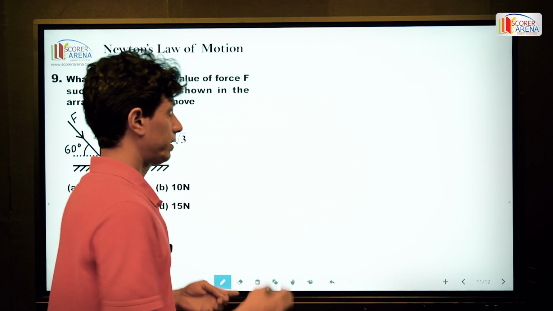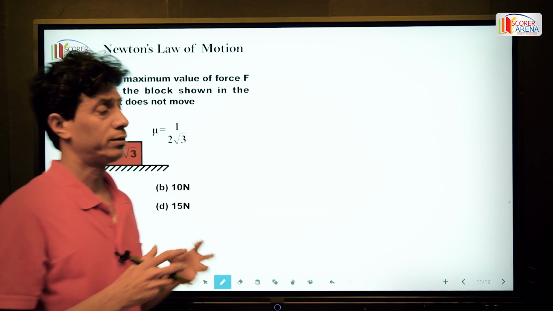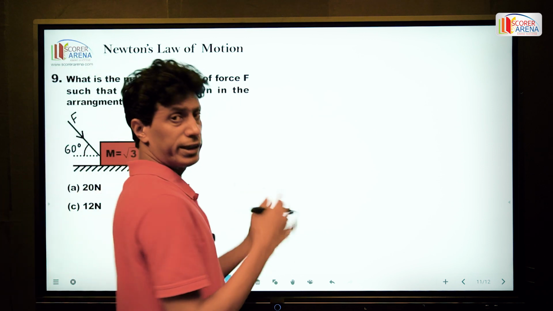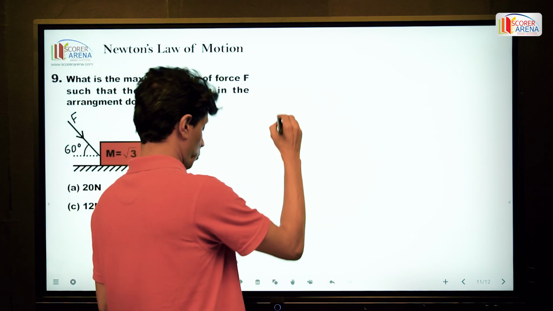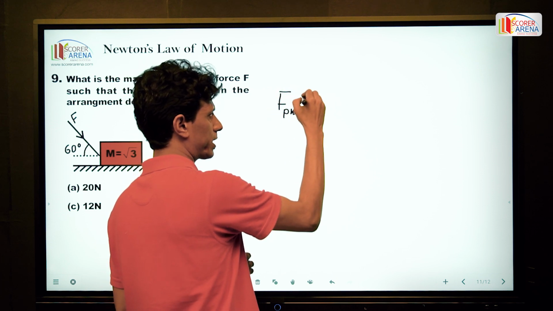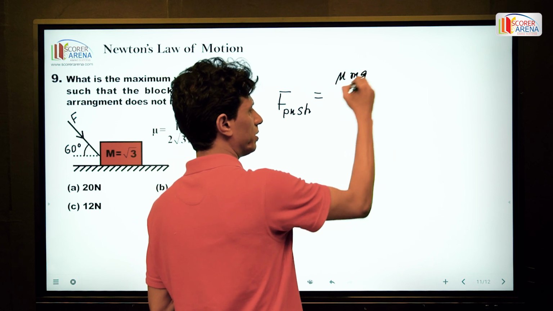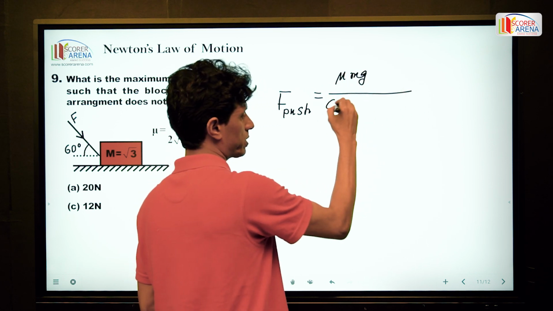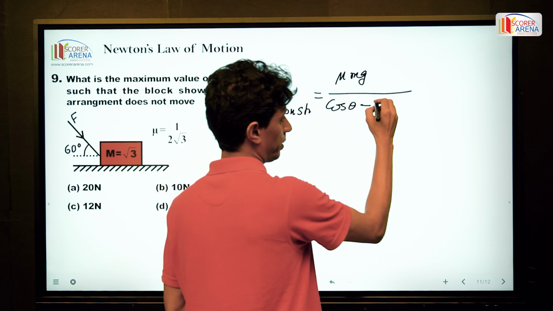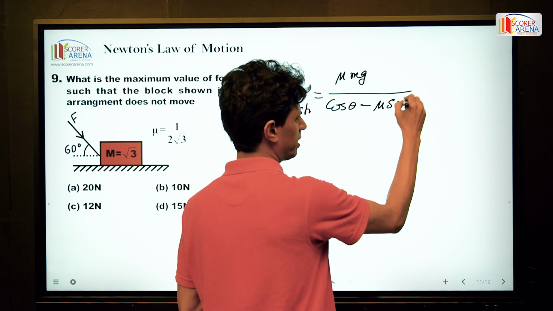So directly in the competitive exam, since time and space are very limited, the pushing force without any deduction can be written as mu mg cos theta minus, as I told in the previous problem, cos theta minus mu sin theta.